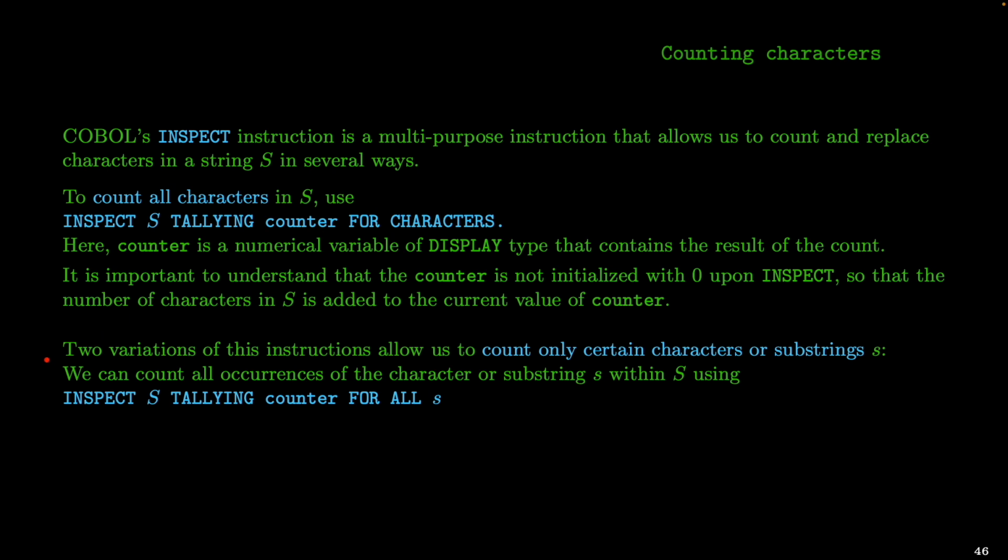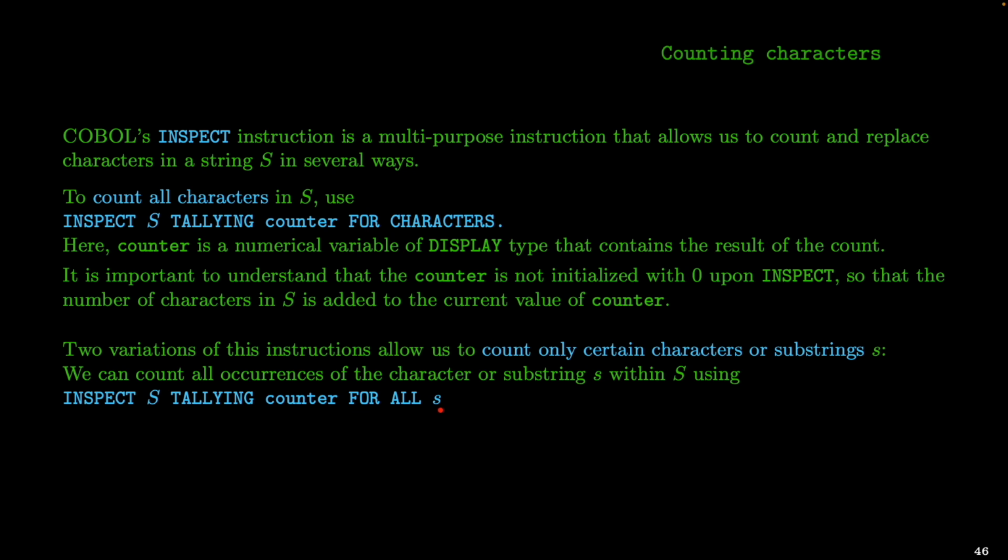There are two variations of these instructions that allow us to only count certain characters or substrings in our string, and I use the lowercase s for the characters or substrings. We can do this using INSPECT S TALLYING counter FOR ALL lowercase s.